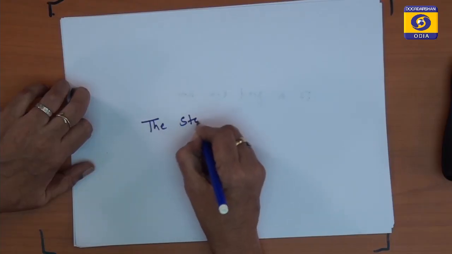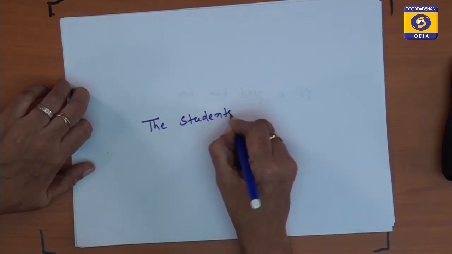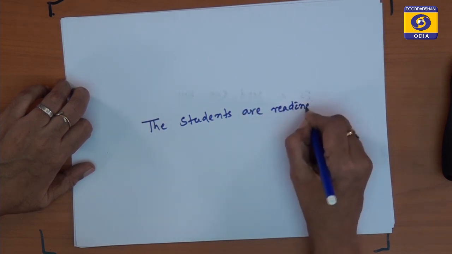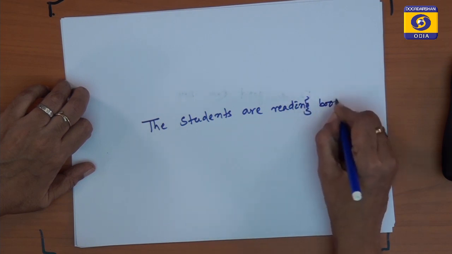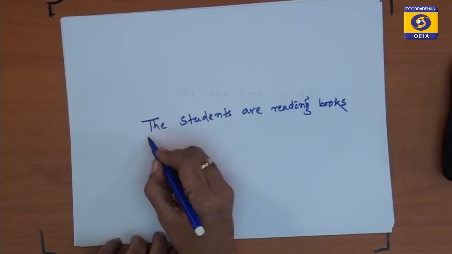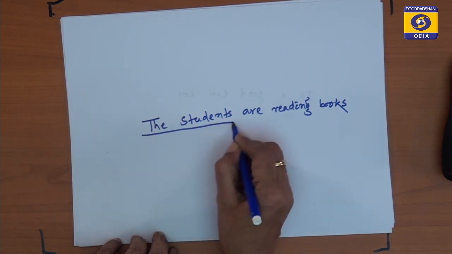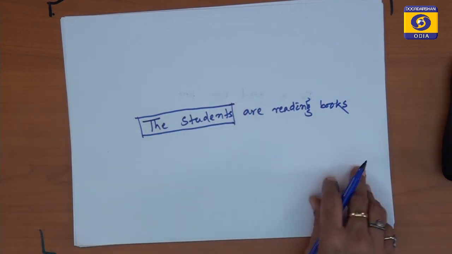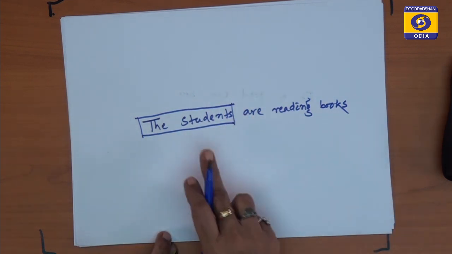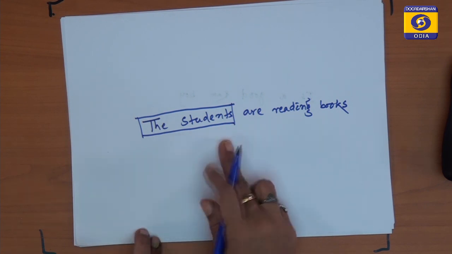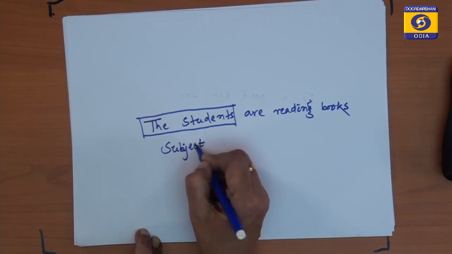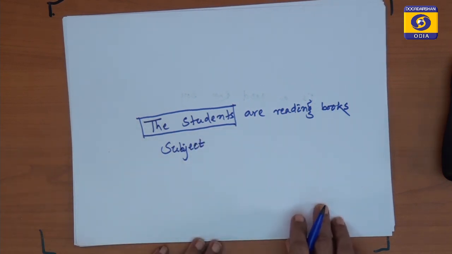The students are reading books. In this sentence, something is told about the students. So, the students is the subject. What is told about the students?